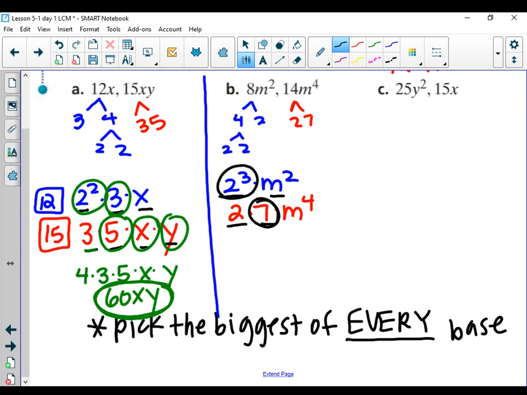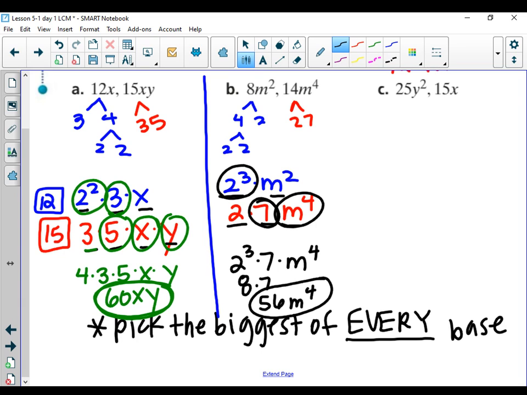What's bigger, m to the second or m to the fourth? Two to the third times 7 times m to the fourth. Go ahead and stop here and try to find the last one.